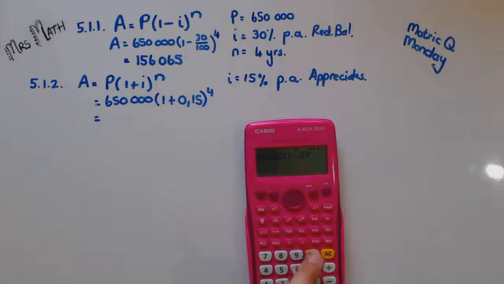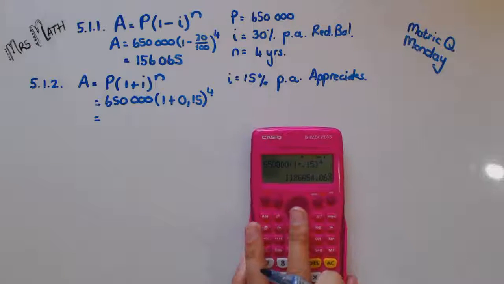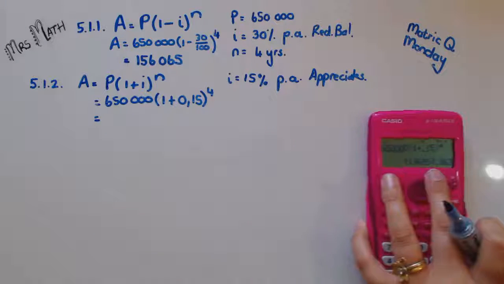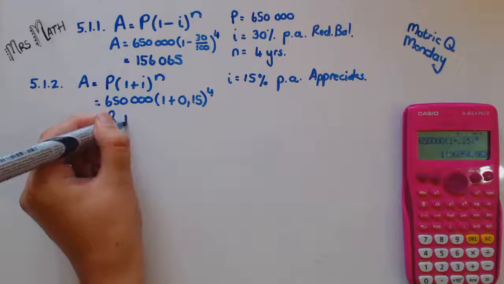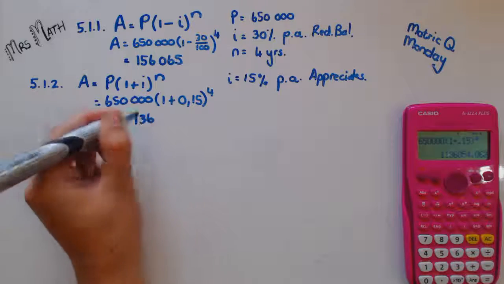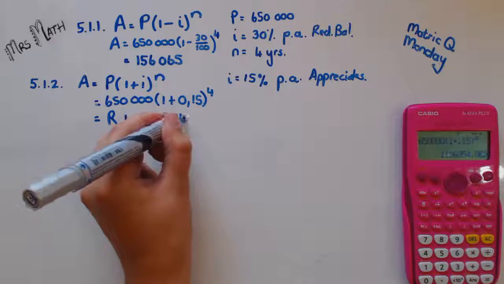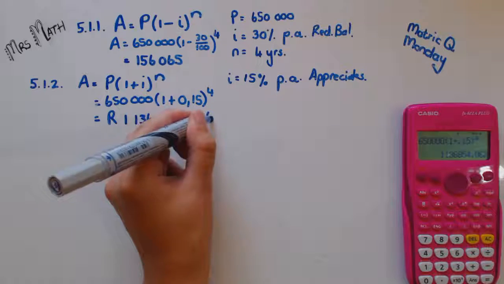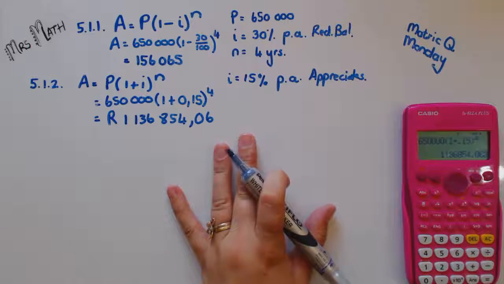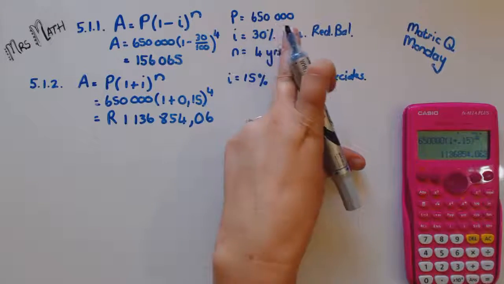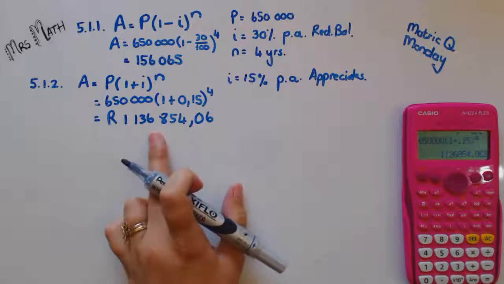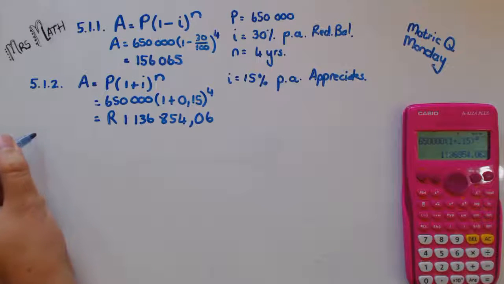I can just edit this formula to that, and that is then 1.13 million basically. 1,136,854.06, so I'm going to round it to 0.06. So that's the value of a new truck that's costing 650,000 now. It's going to cost 1.1 million 4 years from now.